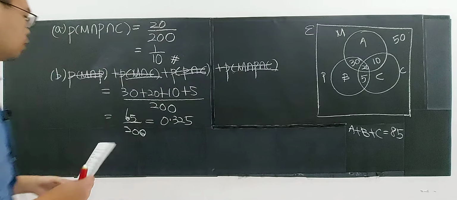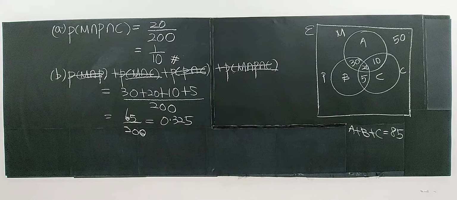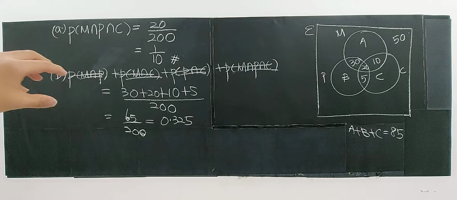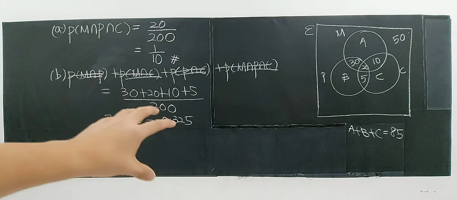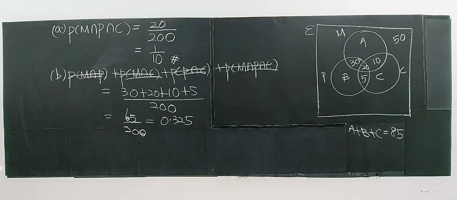So just write the probability of getting grade A in at least 2 subjects is equal to all these things. Okay, let's move on with the next part of the question.